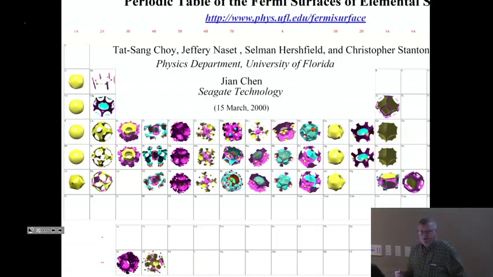Okay, so here then are the Fermi surfaces of all the elemental metals. So we discussed lithium, and it's not quite a sphere, it's a sphere with this little thing that touches the next zone over. But sodium is a nice sphere, potassium is a nice sphere, rubidium is a nice sphere, and cesium has a problem. Cesium, in fact, also has its 6s electron band half full.